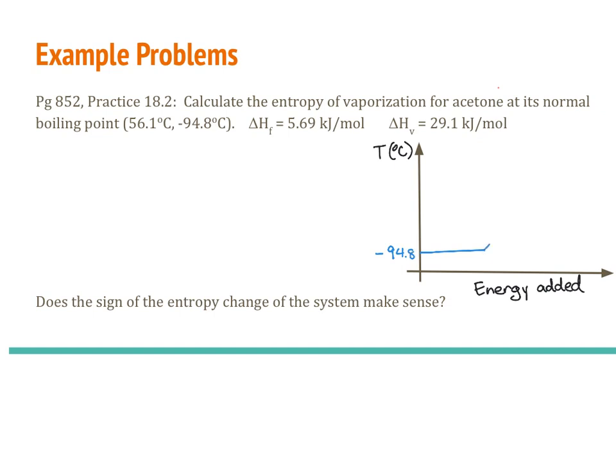Then if you continue to add energy, it would heat up until it gets to a temperature of 56.1 degrees Celsius, and that's the point at which it would evaporate. And eventually, if it all evaporated, you could see the temperature rise again.